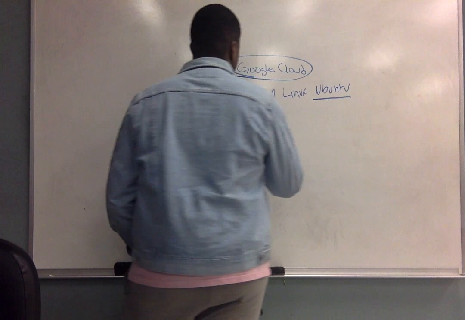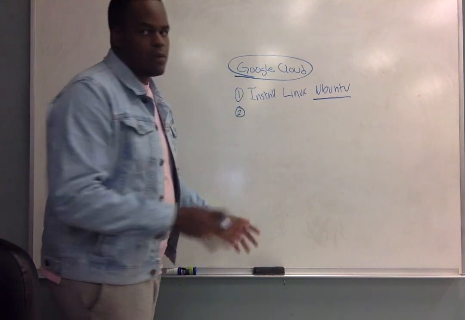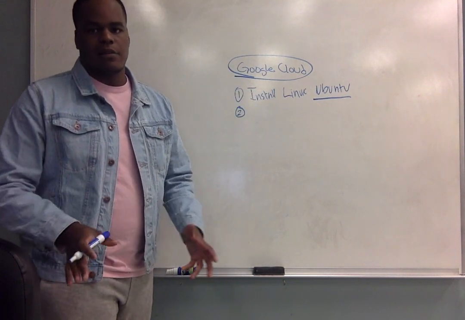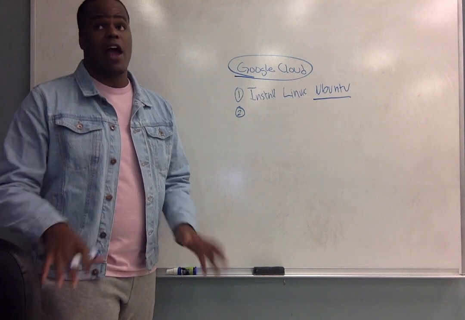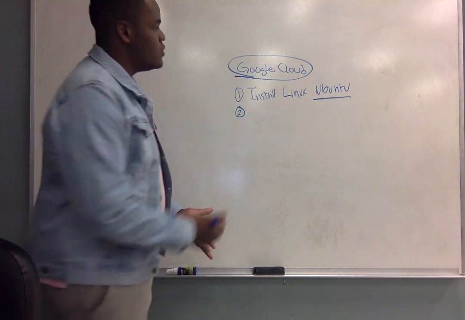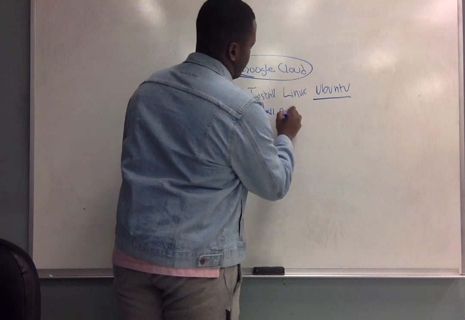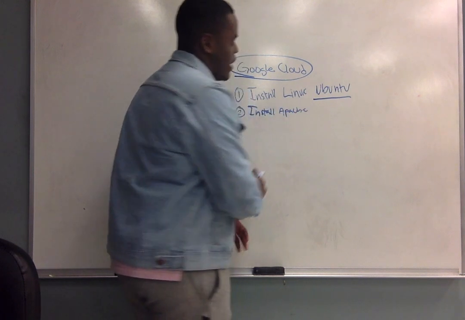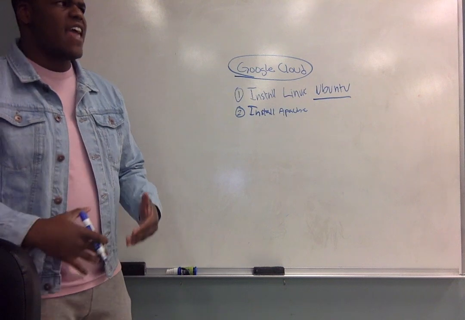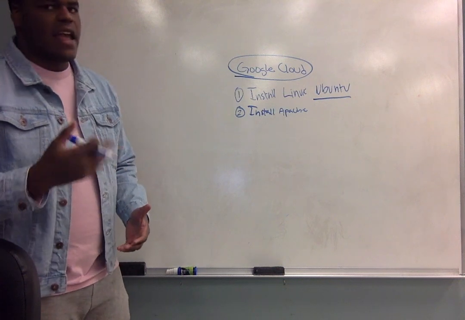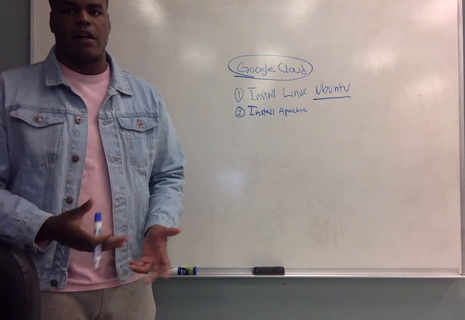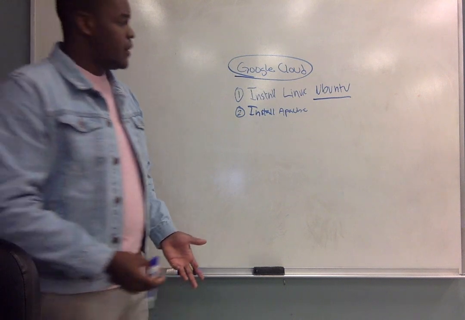The second thing we'll do is, once everything's up and running, make sure it can accept HTTP traffic and all that. The next thing we'll do is install Apache, and in Apache we can add and edit the HTML files that are in there, and it'll run like a web server, right?